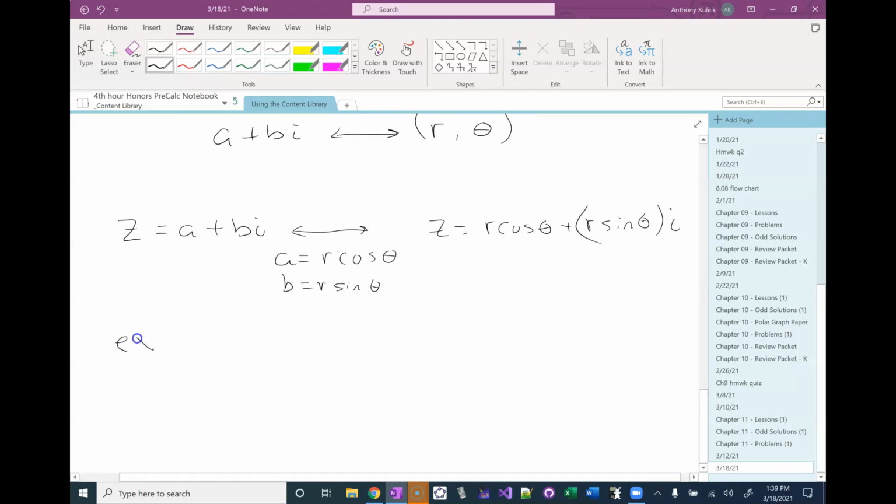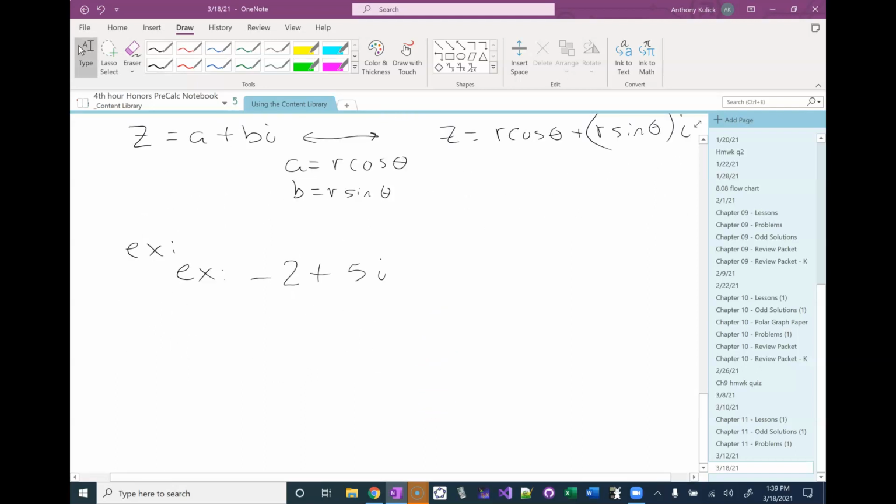So let's do an example of that transformation. Let's say that I have the complex number -2 plus 5i. Okay with that? Just some complex number. And I want to rewrite it in that trigonometric form. So I would take a moment and quick sketch a little picture.